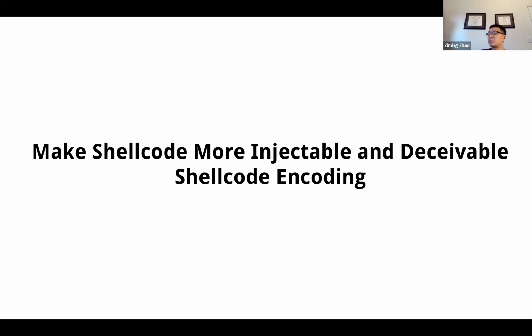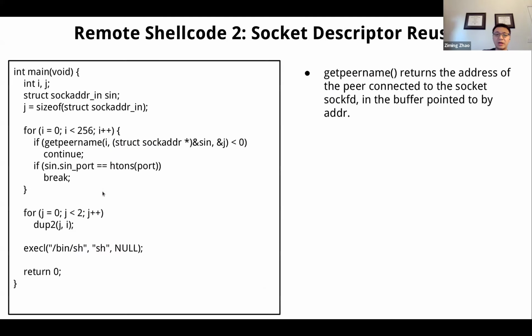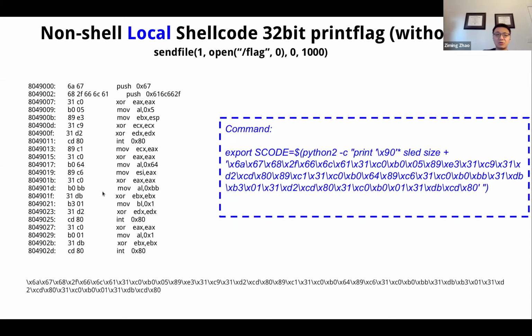So next we will talk about how to make shellcode more injectable or more undetectable, aka shellcode encoding. We have been studying something related to this already. At the very beginning, we had our shellcode without zeros, right? This is our local shellcode, which just prints out the flag.